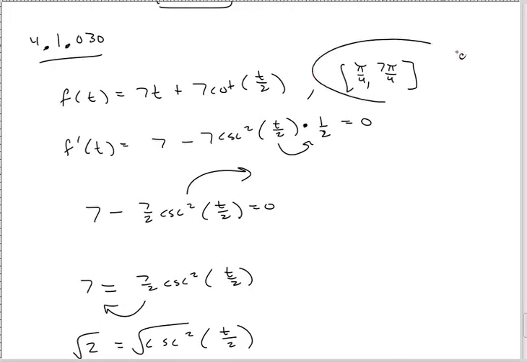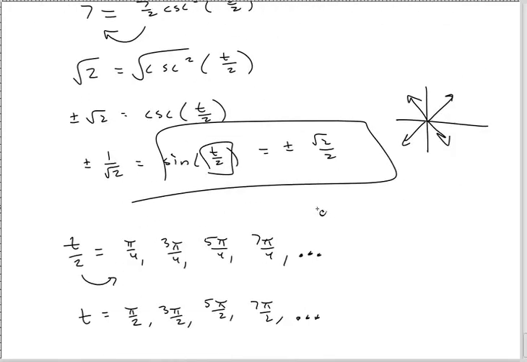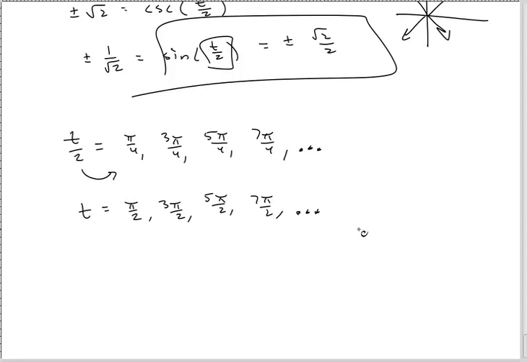Well, our interval was from pi over 4 to 7 pi over 4. So let's understand number line-wise what we're talking about. We got 0 here, this is pi over 4, and we got 7 pi over 4. I don't think number lines are really the best way to do this, but whatever. And this is 2 pi, full revolution.